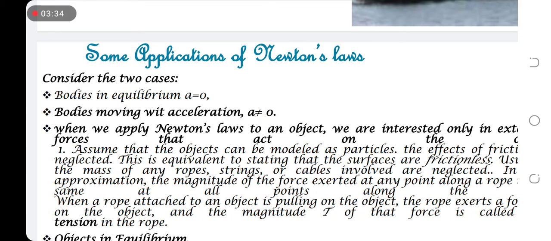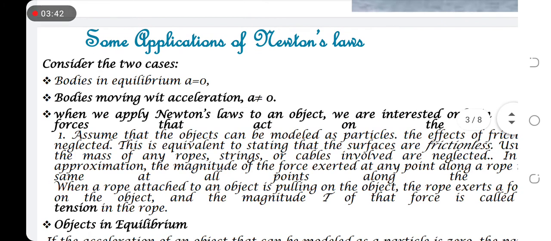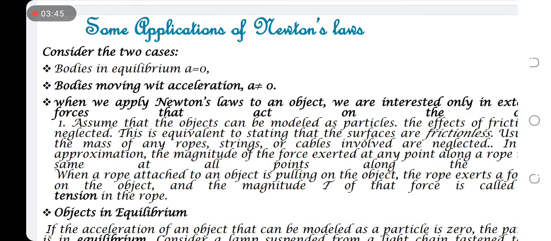This case refers to the first law of motion. Secondly, the body is moving with acceleration a not equal to 0. In other words, the body has increasing or decreasing velocity.